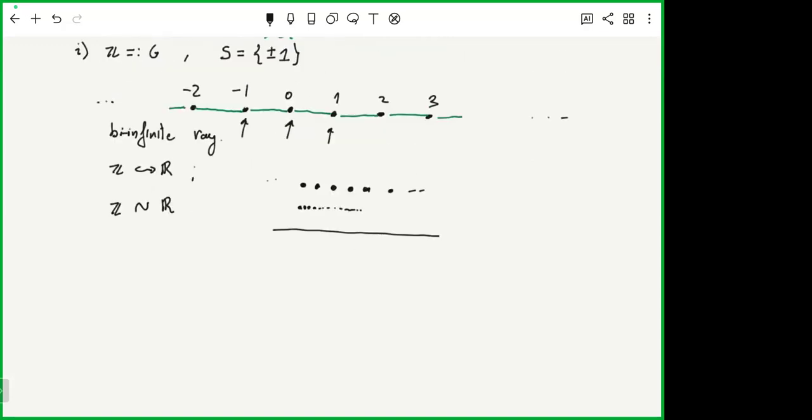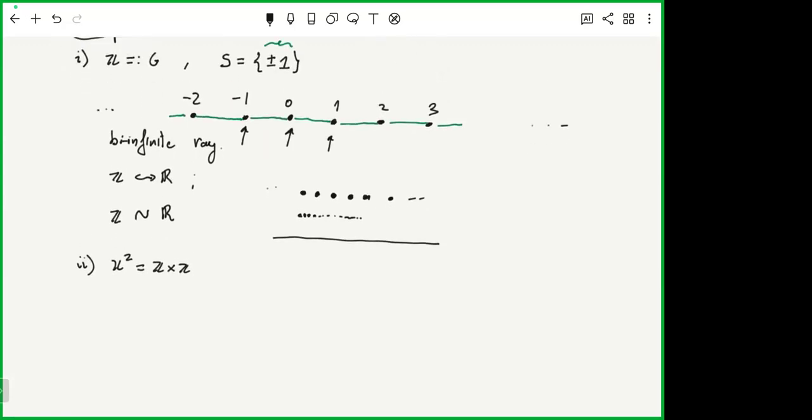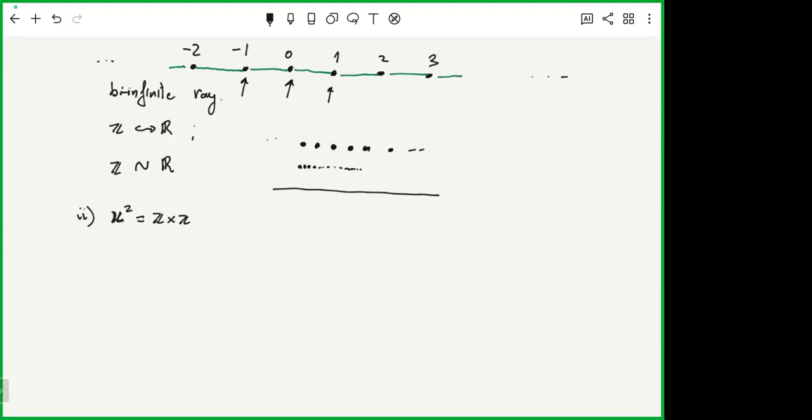And another example is Z squared, the integers squared. Some generator set I can choose here is the canonical basis, but then I have to make it symmetric, so I also add the opposites.